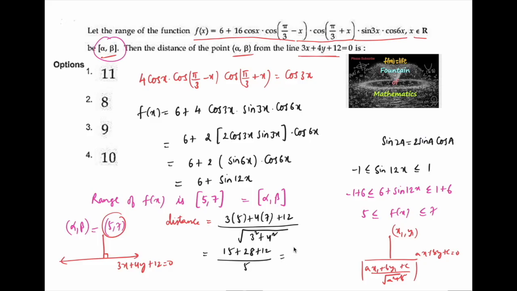So here we can write 40 plus 15 is 55 divided by 5, which is equal to 11. So 11 units is the answer, which is option A.